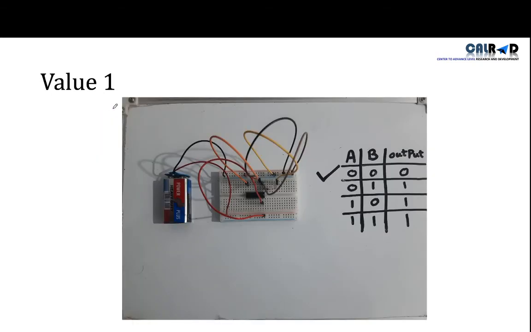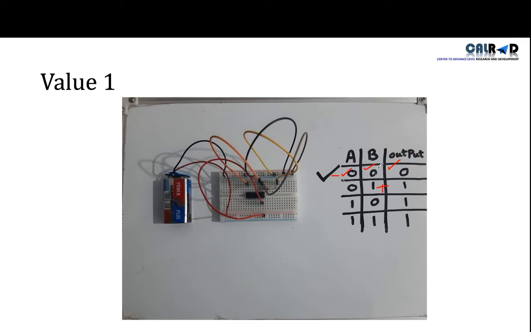So let's start with the first value. The first value is that if both inputs are 0, then the output will be 0. Here I told you already that 0 input means negative current and 1 input means positive current.